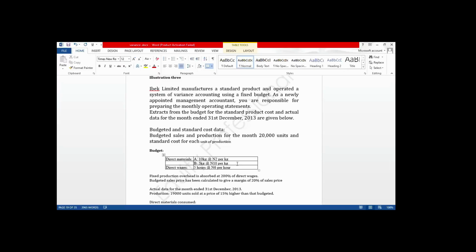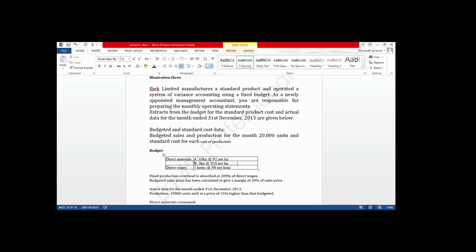Standard to produce, your direct wages, 5 hours at a rate of 6 naira per hour. Fixed production overhead is absorbed at 200% of direct wages. Now look at it. For this question, there is no variable production overhead.